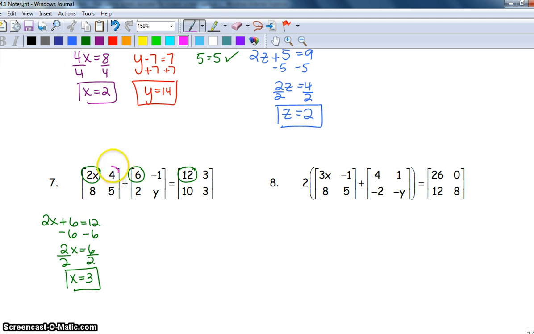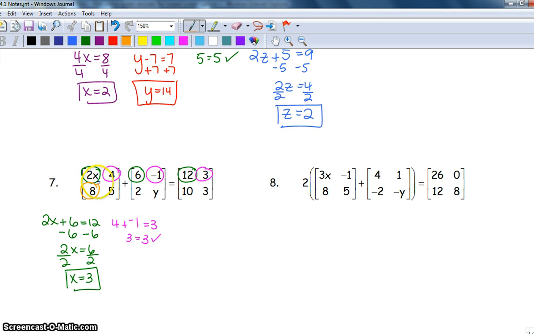On to the next one. 4 is in the same position as negative 1, which is in the same position as 3. So 4 plus a negative 1 is equal to 3. 4 minus 1, 3 equals 3. Now there is no variable to solve there, and when you're doing your homework or on quizzes and tests, you don't have to show me this. I just want to show you that so that you can see that every single entry in your matrices should follow the same rules.